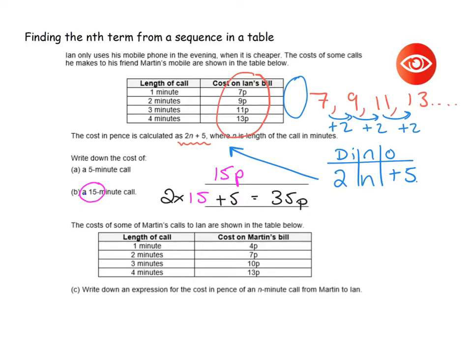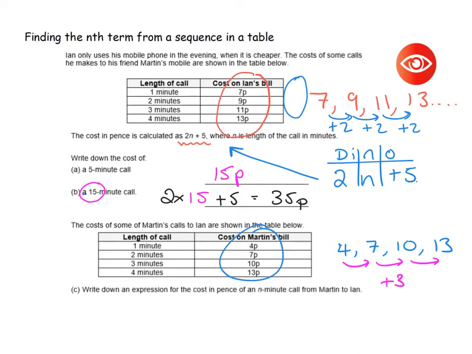The cost of the table is slightly different for Martin, so again I'll write down the sequence off to the side so you can see. And the term to term pattern for this one is adding 3 each time.